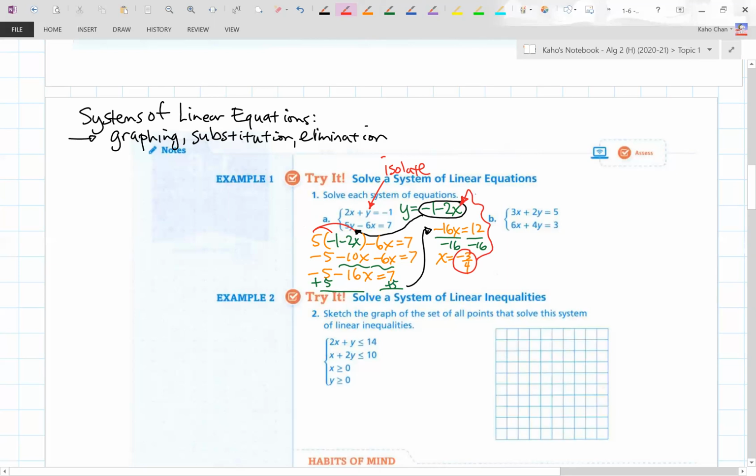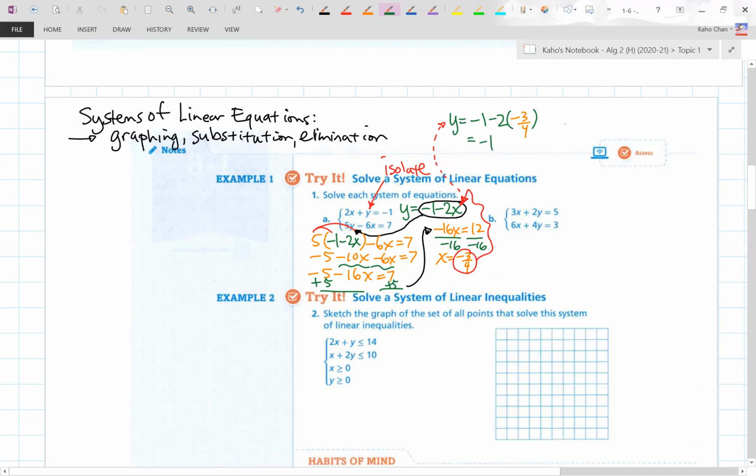Right there. Because I don't have a lot of room, I'm going to use the white space above that to finish it off. Here we go. y equals -1 minus 2 times the answer I just got, -3/4. And let's clean it up.